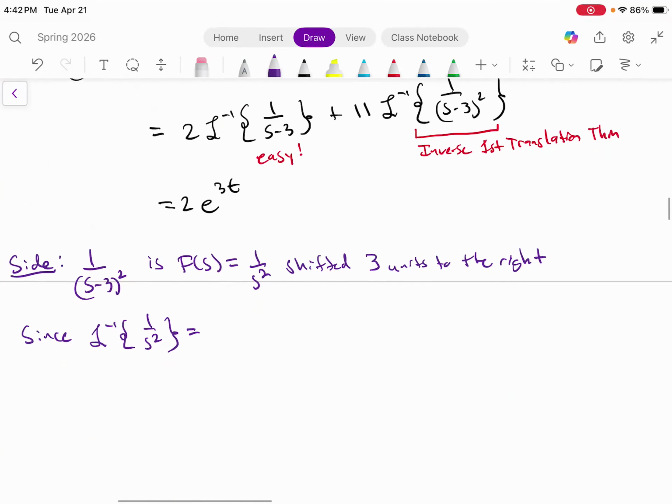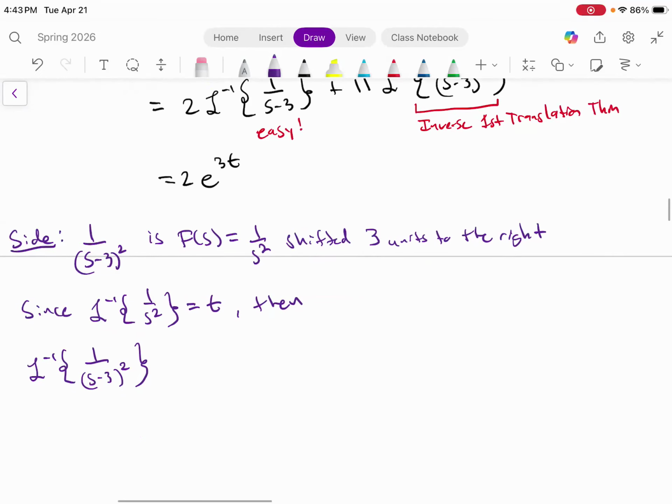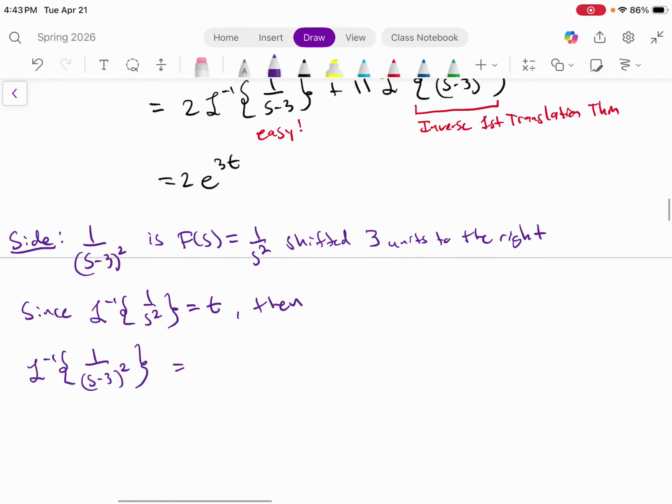So let's go back there. Let's write that down. Since the inverse Laplace of 1 over s squared is t, then the inverse Laplace of 1 over s minus 3 squared, going back to our given question, is going to be 1 over s squared, and we need to be careful with the notation that we are shifting 3 units to the right.